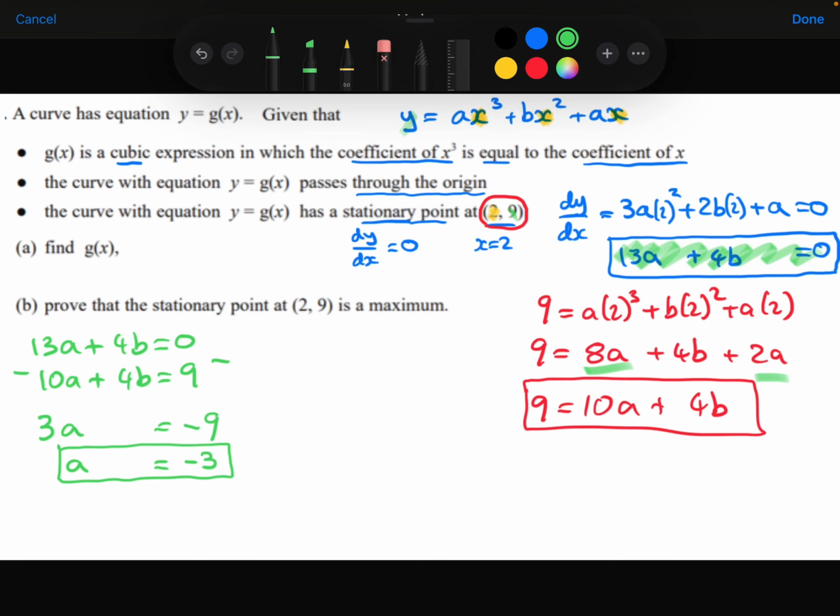Now, to work out the b, I'm going to substitute the a back into either of those original equations, either in here or here, it doesn't matter which. I'm going to do the first one. So 13 times minus 3 is minus 39, plus the 4b equals 0. So 4b is 39, so b is 39 over 4, just dividing both sides by 4 there.